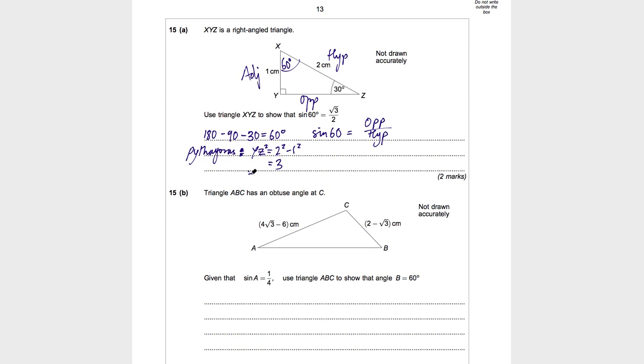So YZ equals root 3. Sine 60 is opposite over hypotenuse, so that's YZ over XZ. Sine 60 equals YZ, which is root 3, over hypotenuse 2.